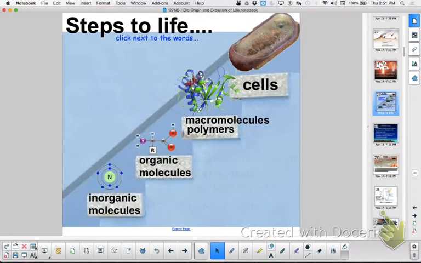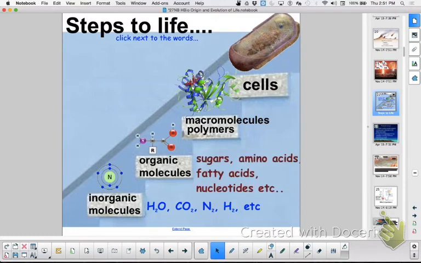And we looked at this step, like how life could have evolved. We said these first inorganic molecules right here would be the gases that came out of the volcano. And then here, these inorganic molecules would have to become organic molecules. What's that right there? Amino acids, sugars, fatty acids. How could we jump up to this step right here?